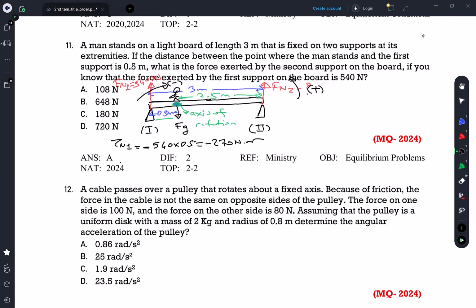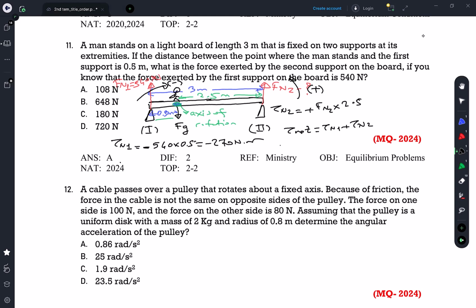Torque of Fn2 is positive. Fn2 is unknown. Distance is 2.5. Angles are 90 degrees, and sine 90 is 1, so I don't involve the angle. When I add them, net torque must be equal to 0 because it's an equilibrium problem. Torque of N1 plus torque of N2 must be equal to 0.